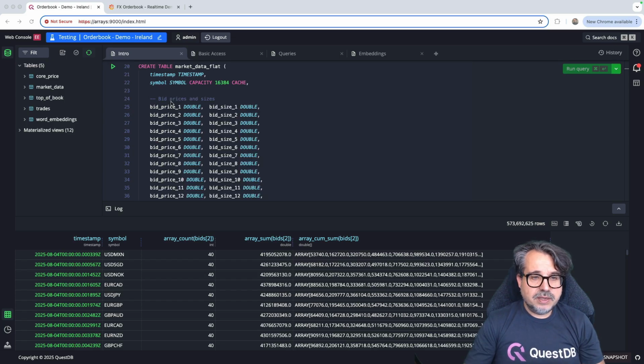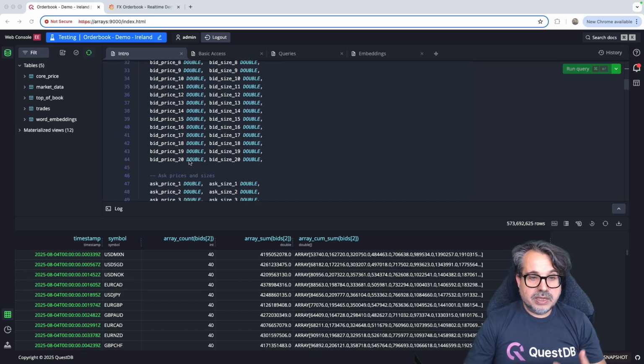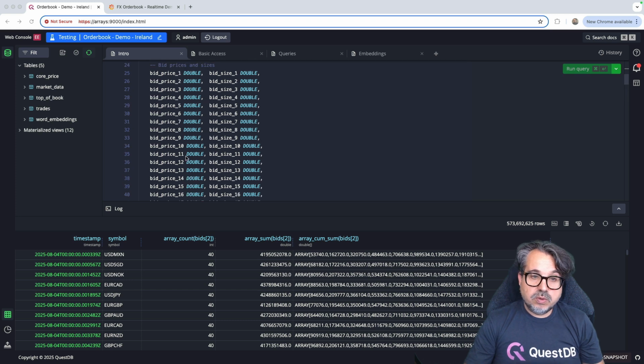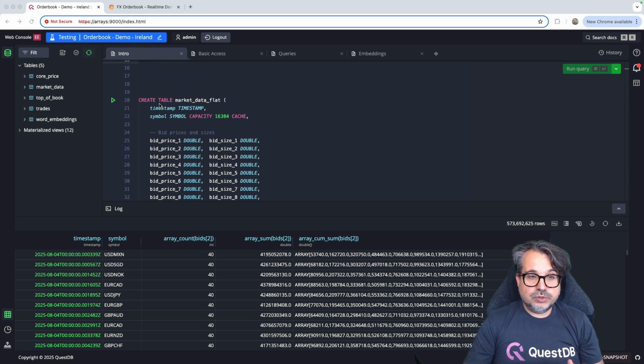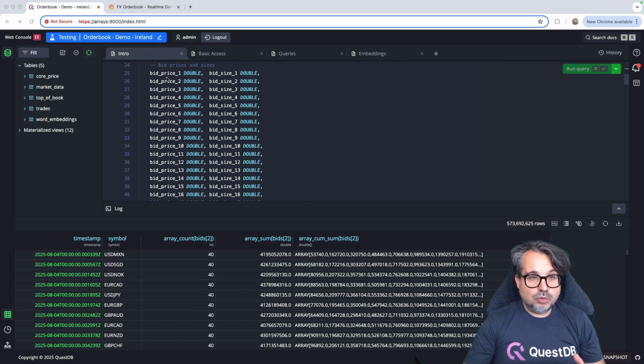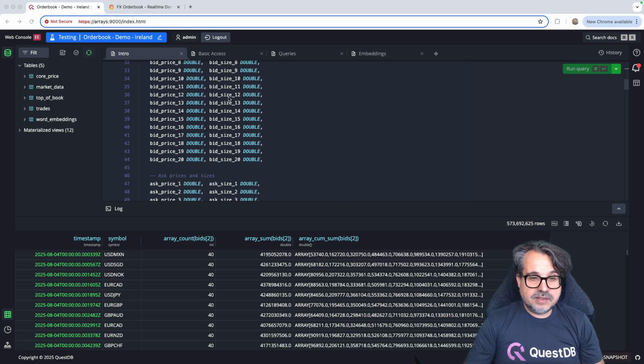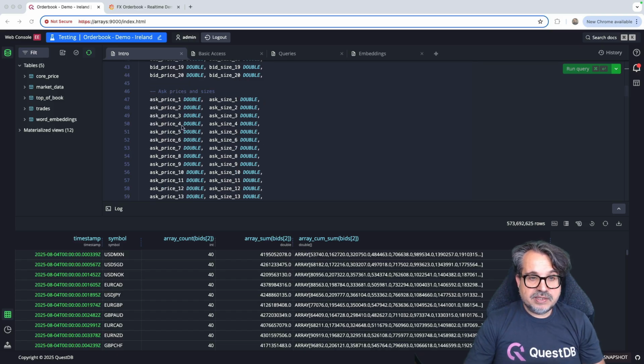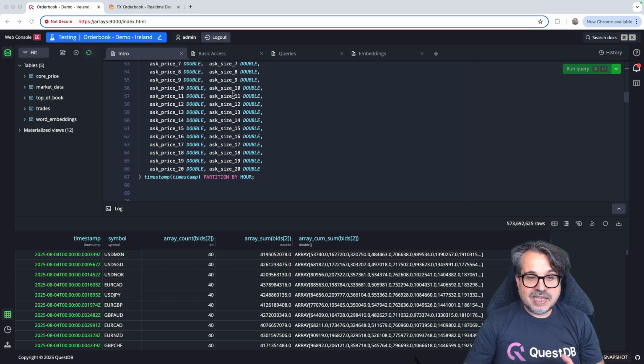So a different strategy could be storing the data in a flattened format. Imagine you want to store 20 different levels. Something you could do would be, I want to store the timestamp and the symbol. I don't need to have any label here because I'm storing the 20 bid prices and 20 bid sizes and 20 ask prices and 20 ask sizes as a single row.